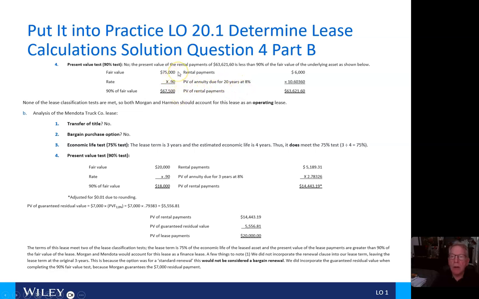So here's the fair value, $75,000. We take 90% of that, that's $67,500. But as we just showed, $6,000 times the present value of an annuity due for 20 years at 8%, we have a factor of 10.60360, and that results in a present value of rental payments of $63,621.60.